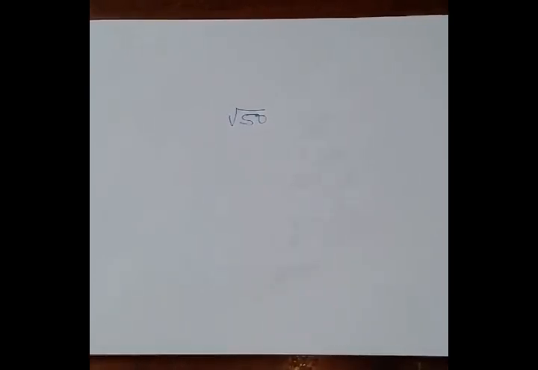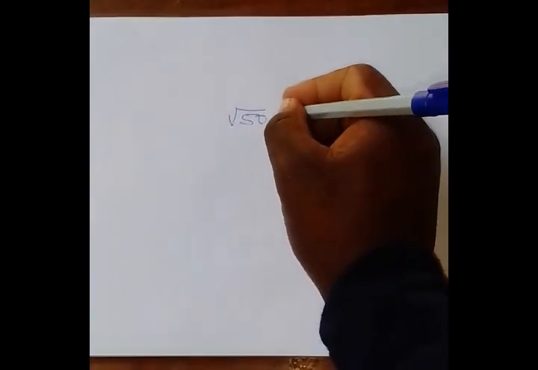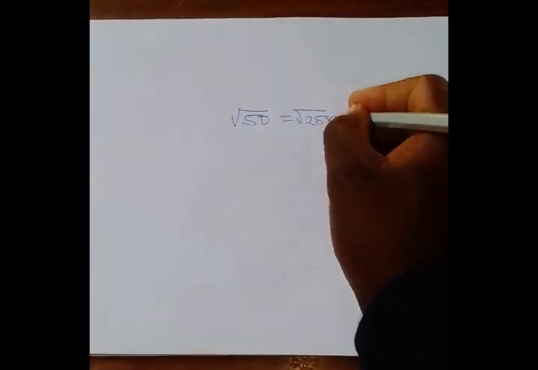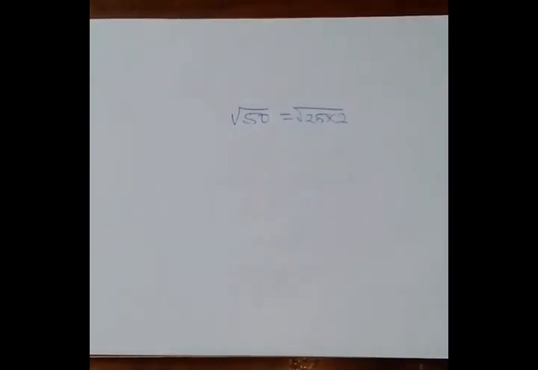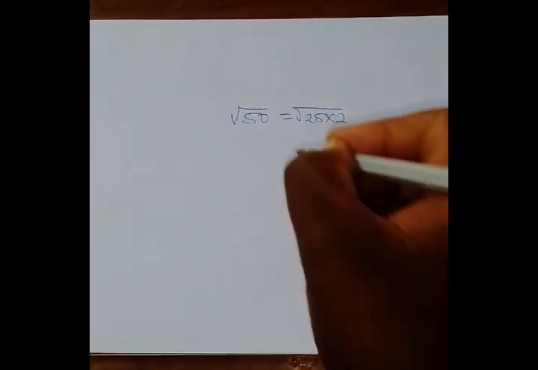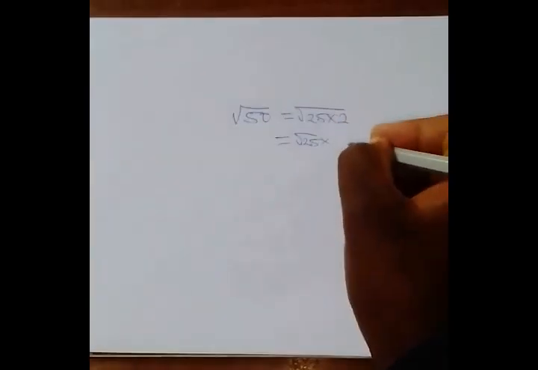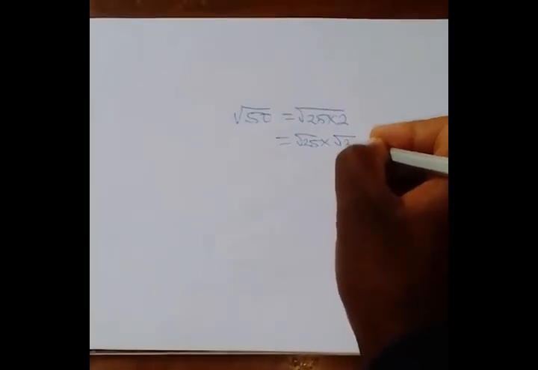So we need to multiply our perfect square 25 by 2. 25 multiplied by 2, the answer is 50. So we are going to say root of 25 times root of 2.